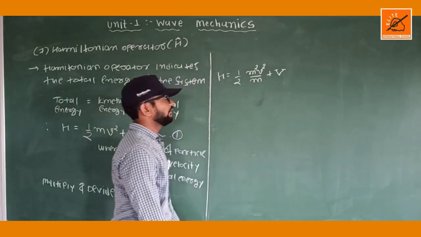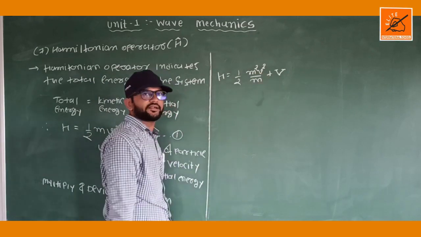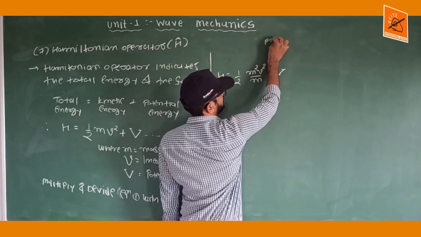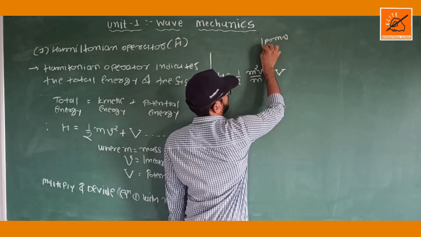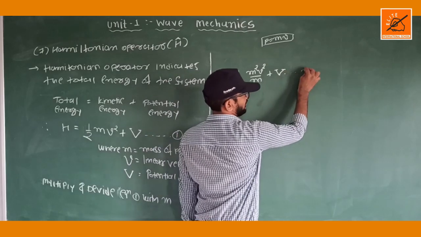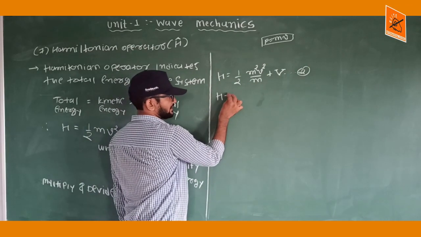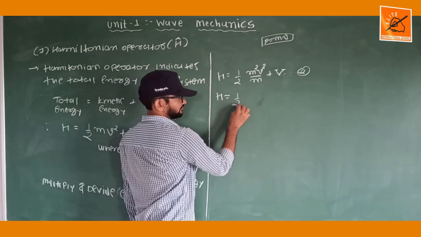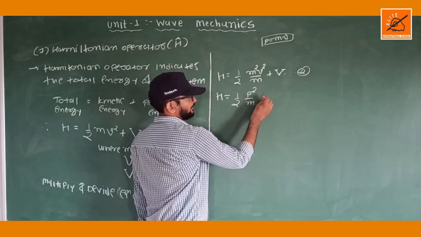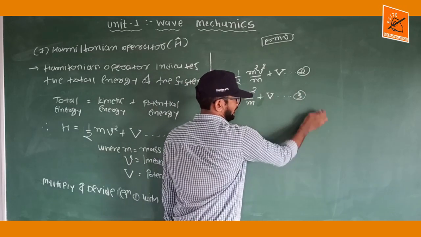Now we know that mv is momentum. P is equal to mv. So this is equation number 2. In equation 2, H is equal to 1/2 p square upon m plus capital V. This is equation number 3.